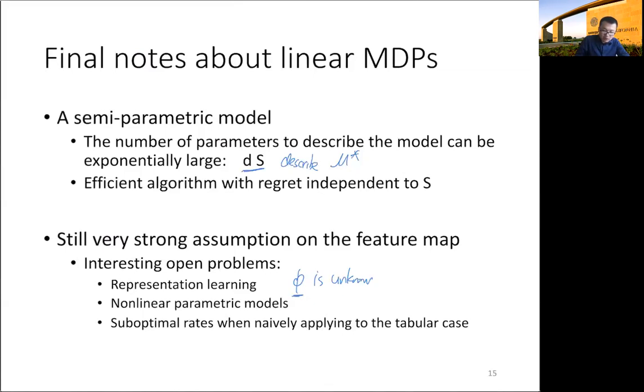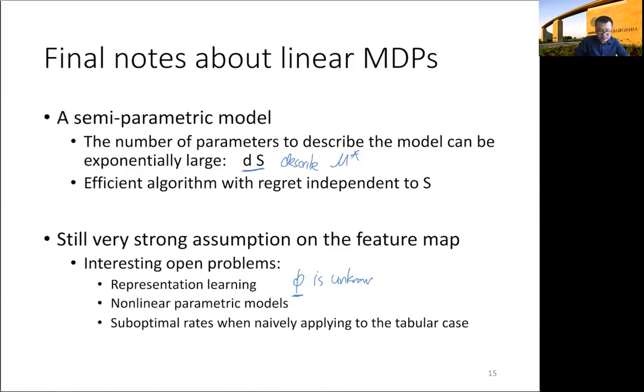Or a related question: what happens when you do not actually have a linear representation, but rather it follows from some nonlinear form from this feature to construct this transition kernel? In that case, what are the things that you can do?